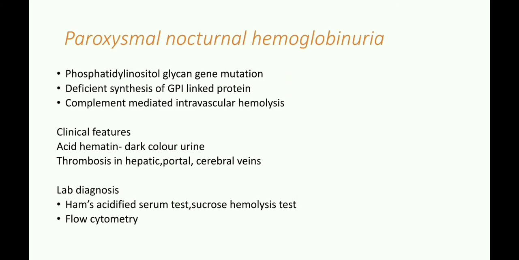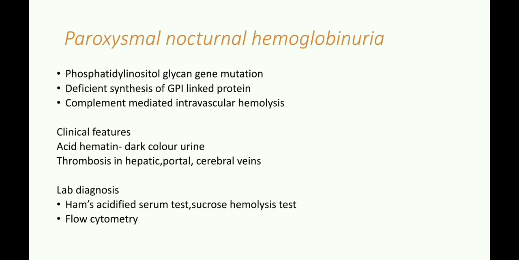There is alteration in the color of urine. The dark color of the urine is due to the presence of acid hematin. Also here you can observe thrombosis in hepatic, portal and cerebral veins.